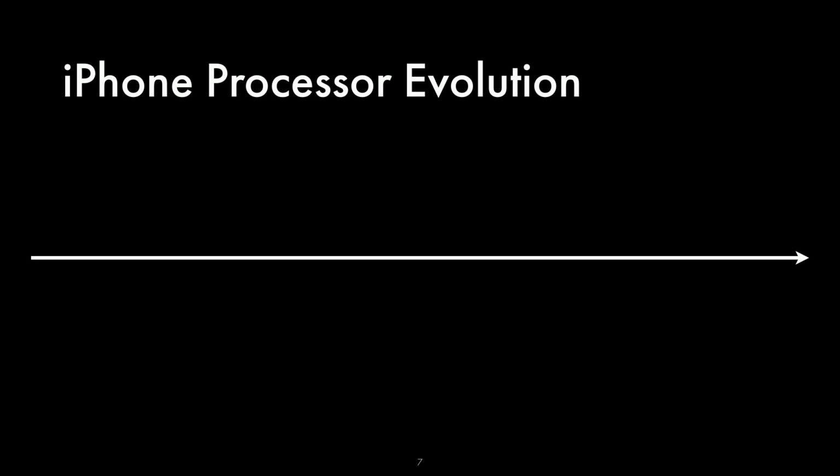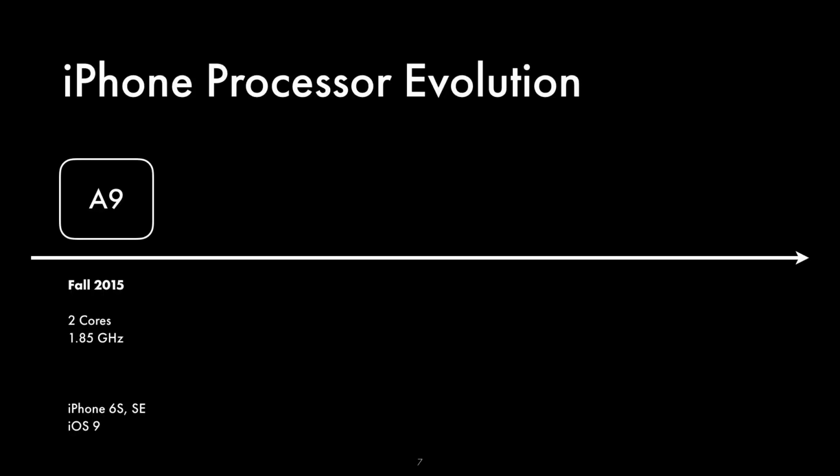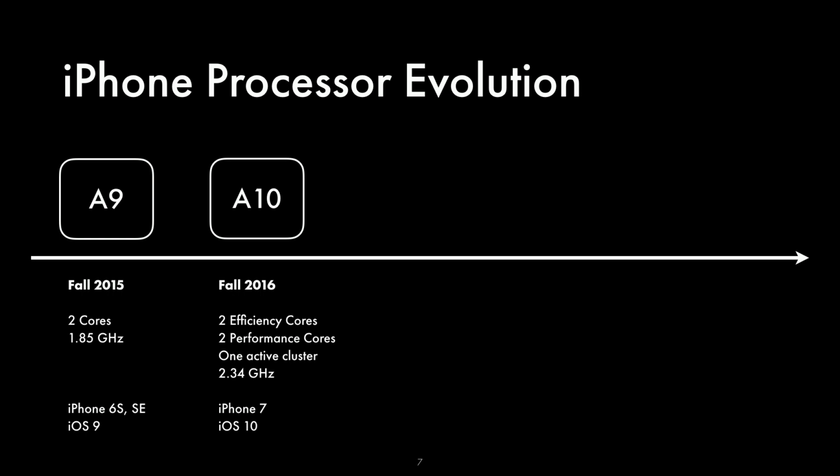So let's talk about how the processors in the iPhone have evolved over time. So in 2015, Apple released the iPhone 6S with the A9, and that was a dual-core processor. And a year later, in fall 2016, they released the iPhone 7, which had the A10 chip in it.